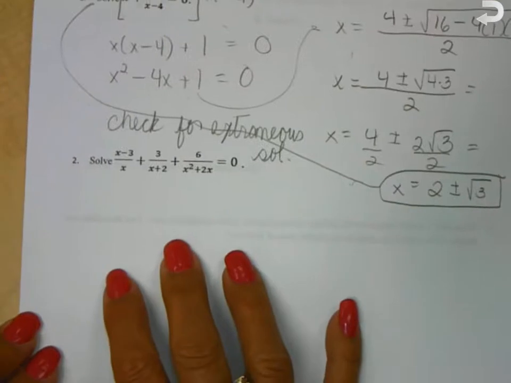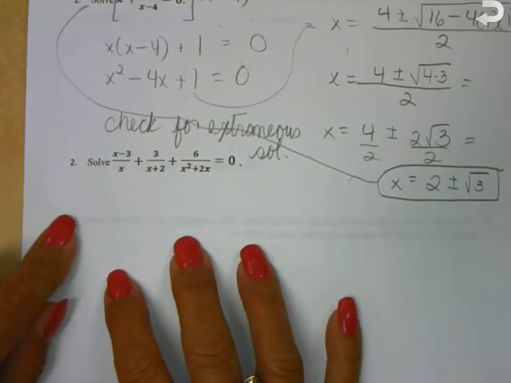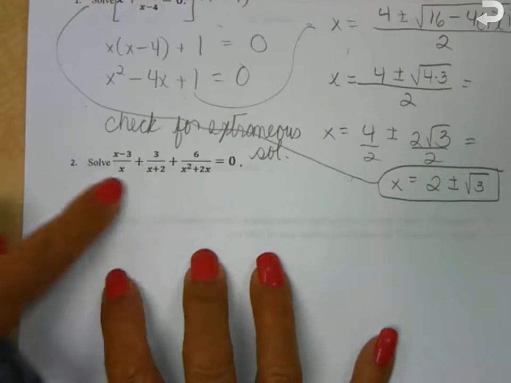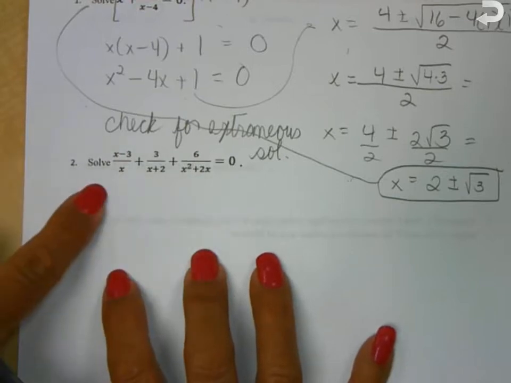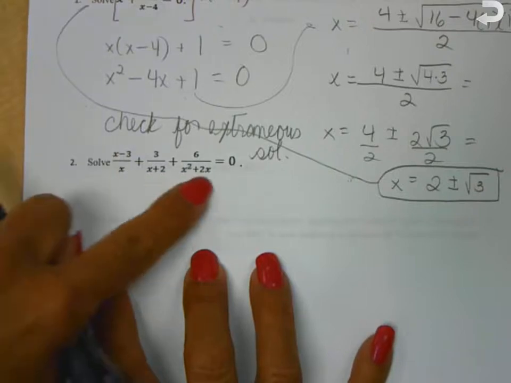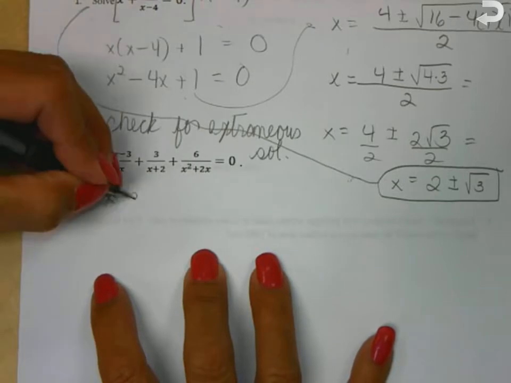Now when we move down to number 2, you can see my fractional values are a little more complicated, but I have 3 fractions that I'm adding together, and I want the sum of those 3 to equal 0. Once again, I have the possibility of having extraneous solutions after I go through and solve. Now, factor any denominators down that aren't all the way factored.